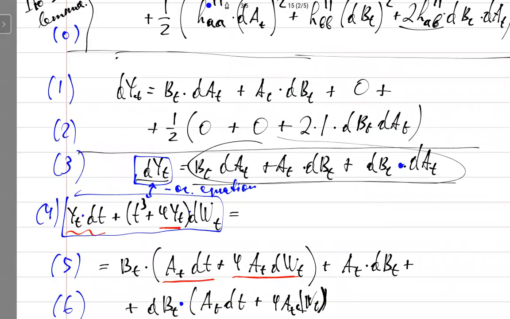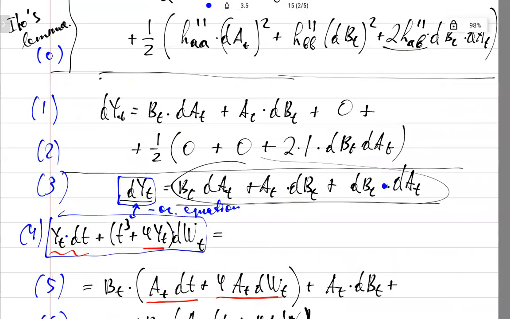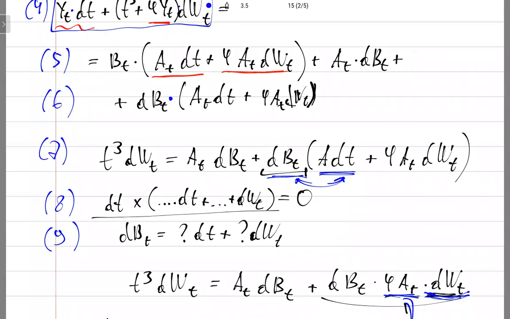I think the question relates to why dt dWt and dt dt equal 0. This thing, expression number 8. You said that according to Ito's lemma, it should be equal to 0. Yeah, you are right.